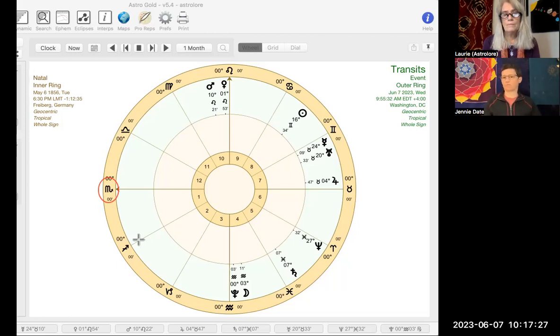Okay. And then the fifth house is really your creativity, how you give love into the world, how you give of yourself. That can involve things like children, love affairs, and really anything you create to give of yourself to the world. That's what the fifth house is.